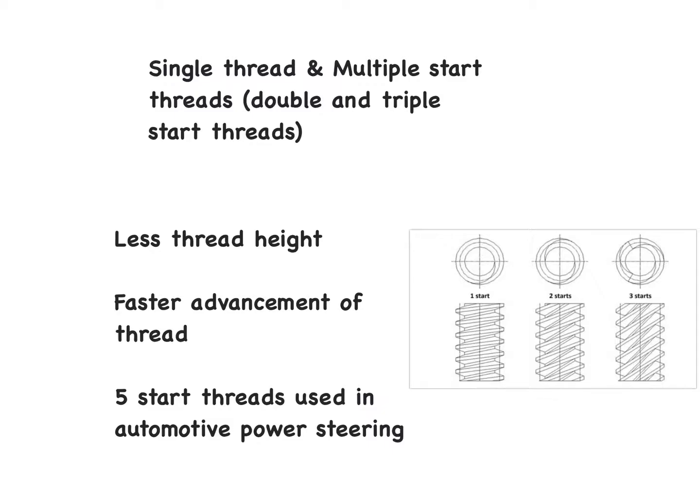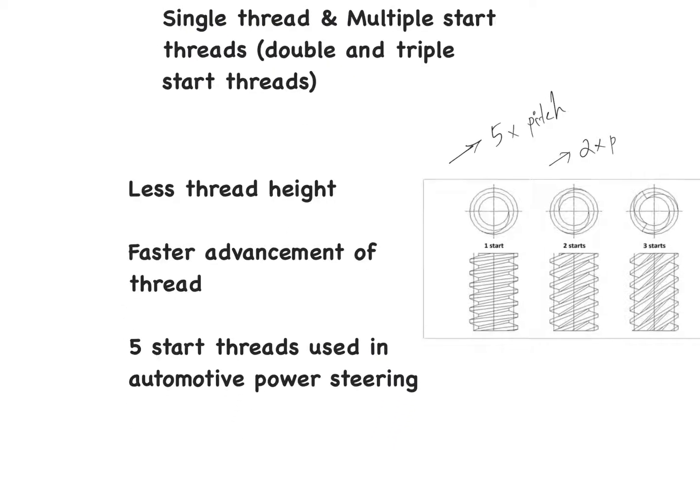The advantage you get with this kind of thread forms is faster advancement of the thread, because for one turn of the thread the amount by which you will advance will be 5 times the pitch for a 5 start thread. Similarly, it will be 2 times the pitch for a 2 start thread. So that's the advantage you get with multiple start threads.